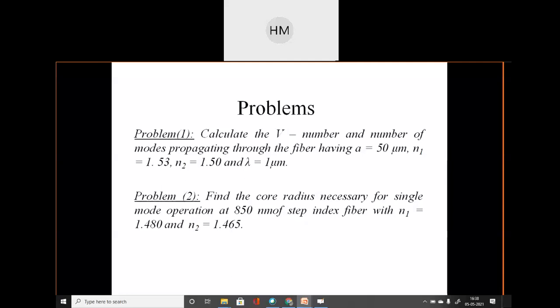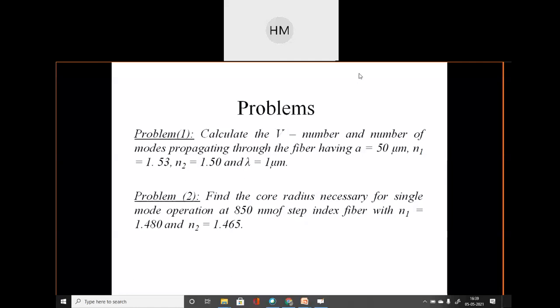So what is the wavelength given? 0.85, okay? And the thickness of the guide layer means it is core or cladding? किसकी thickness दी है? 9.83 micrometer. Is it core or cladding? What is the range of the propagation constant?